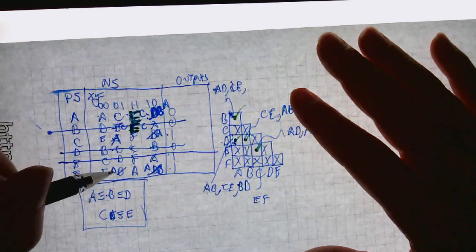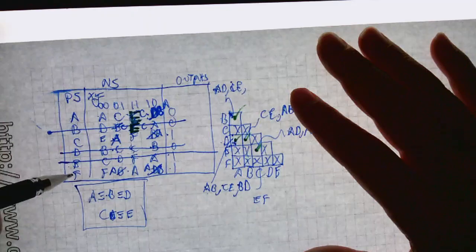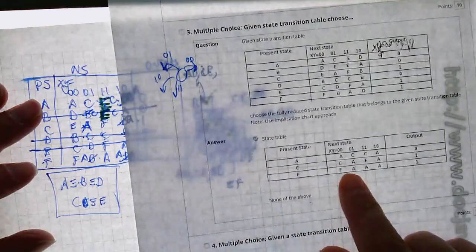So this is FAAA on row F. Check it out. FAAA, row F with an output of 1, right, just like that.